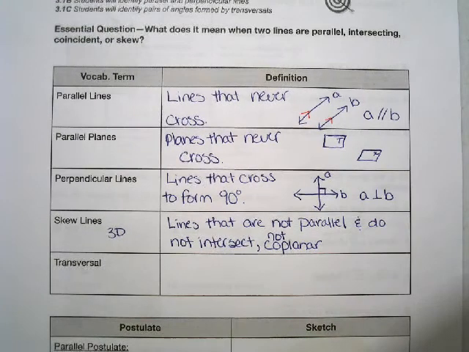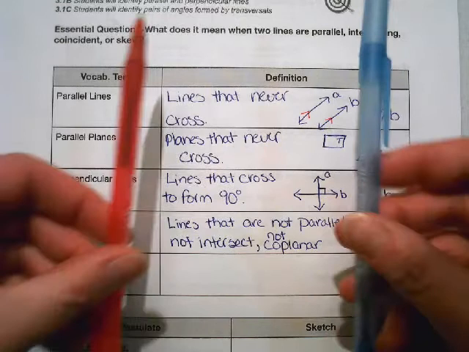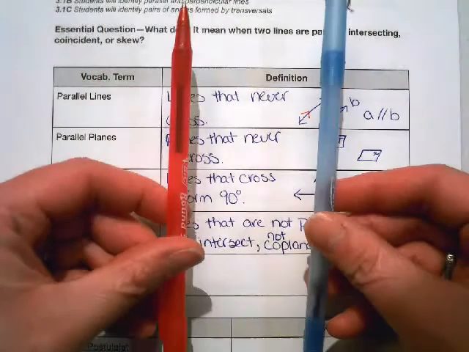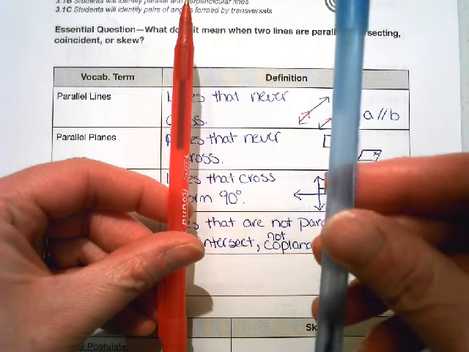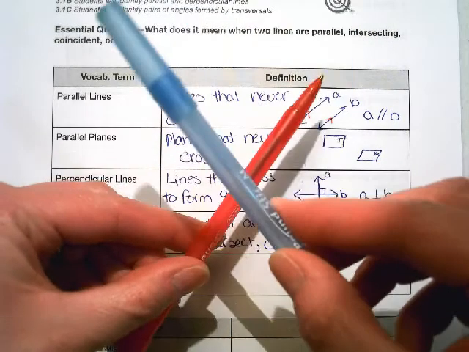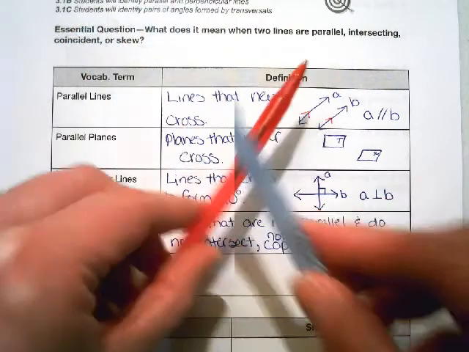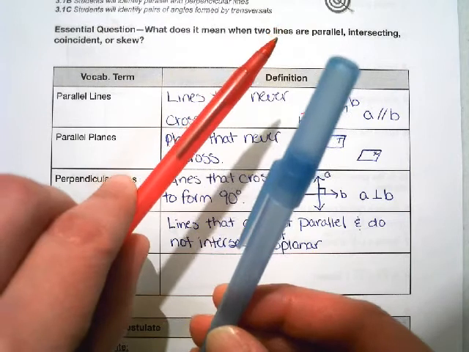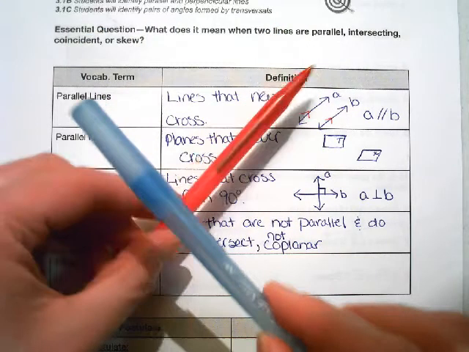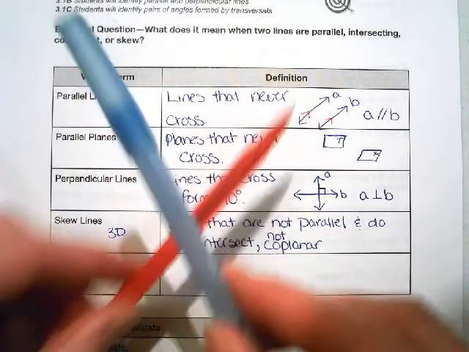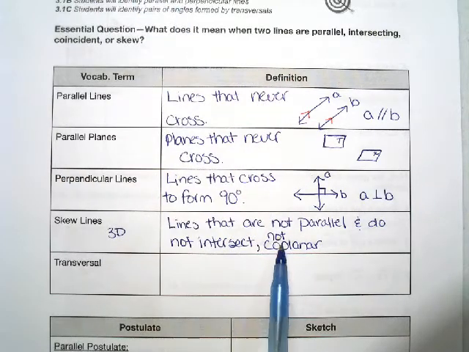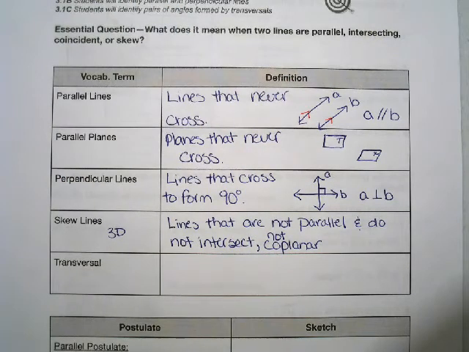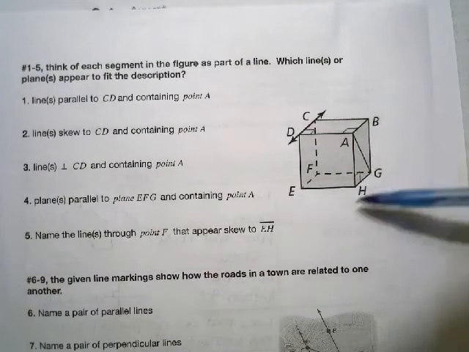That would be really difficult to be in the same plane. The easiest way to think about it is like if these were 2 lines, one would have to be higher than the other. I know through the document camera you might not be able to see that, but if you look here, my pens are actually not crossing. I have one in a lower plane and one in an upper plane. So they're basically in separate contained planes. So they're not coplanar.